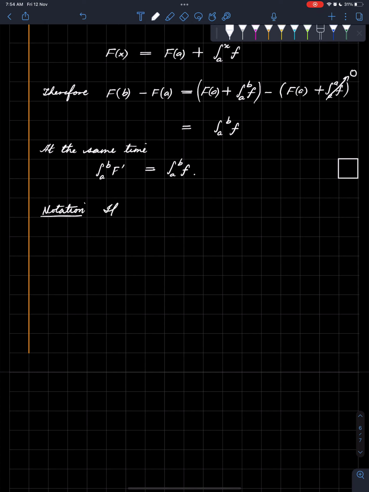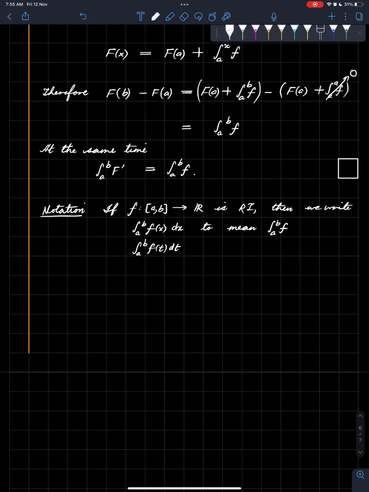So if f is a Riemann integrable function, then we write this to mean the Riemann integral. So we have just introduced this dummy variable. Of course, instead of x you can use whatever variable you like. You can also use t or whichever variable you like.